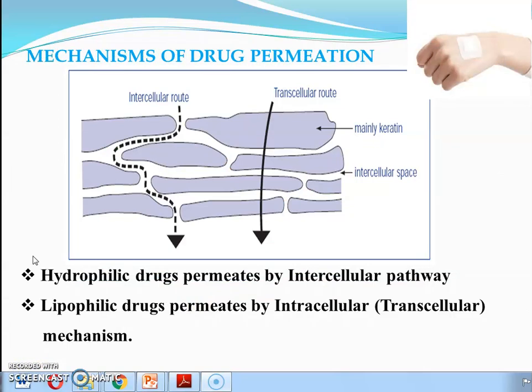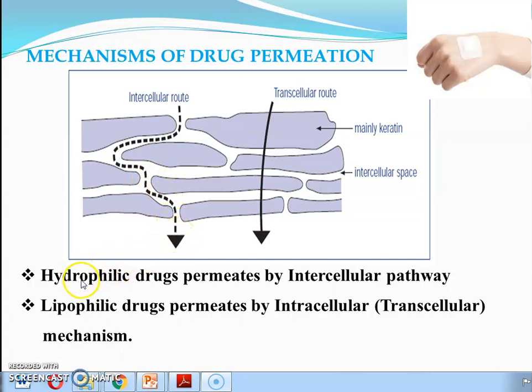Then the mechanism of drug permeation, how the drug may permeate through the skin. There are two ways. One is the intercellular route of permeation and the second one is the transcellular route. Intercellular means the route in which the drug is transported in between the cells.